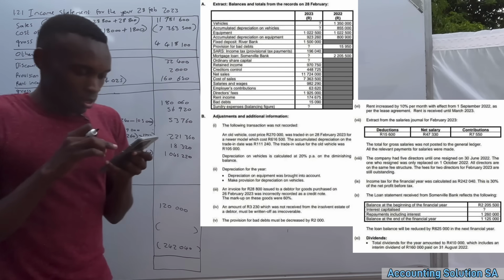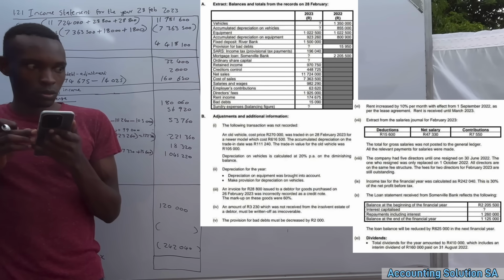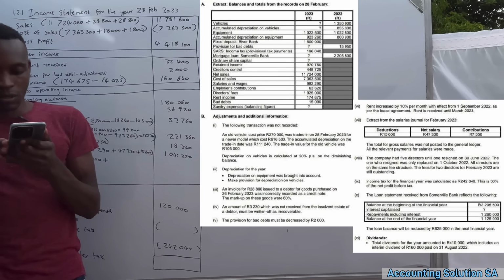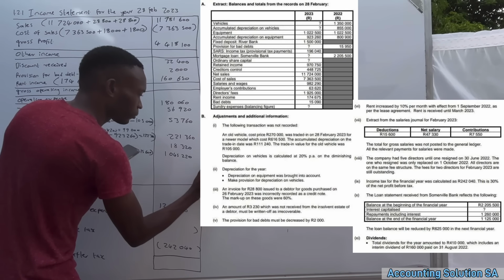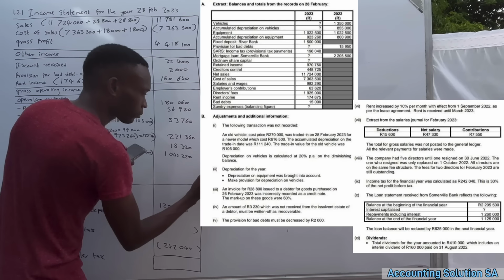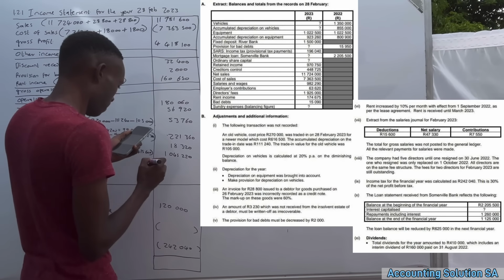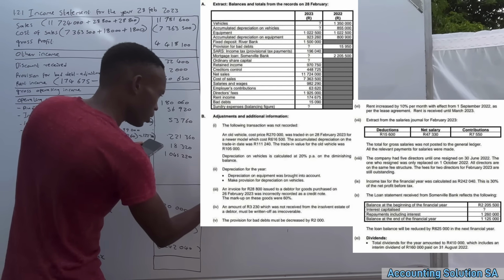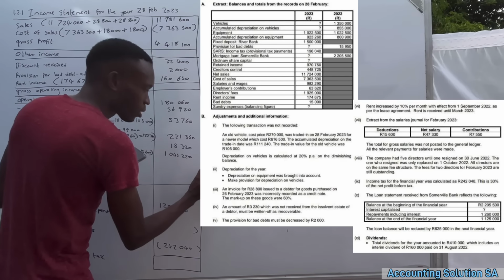Okay, they said that one resigned on 30 June. Simple, it means that we have to count from July, August, and September. It's 3 months. These 3 months, there was no one.